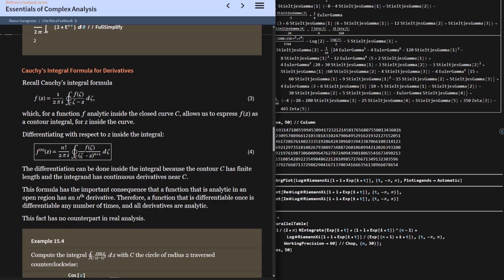So to find the high order derivative of holomorphic or meromorphic functions, you can actually do a contour integral for that. This is the Cauchy contour integral formula for any orders.